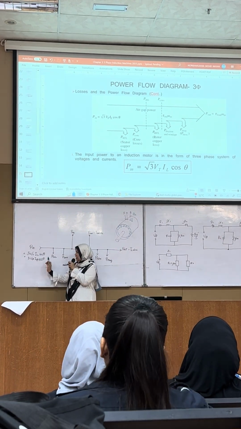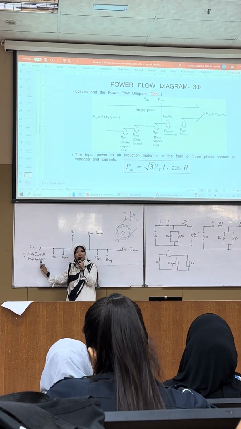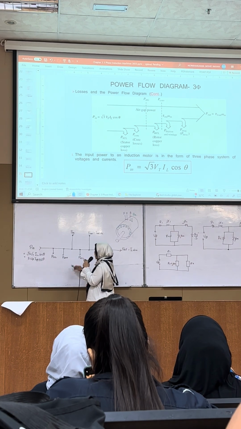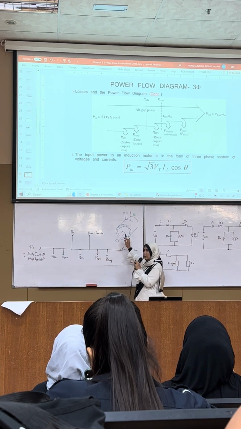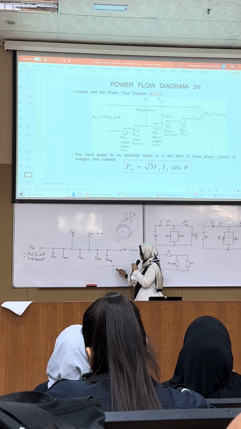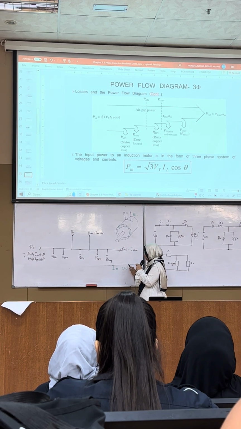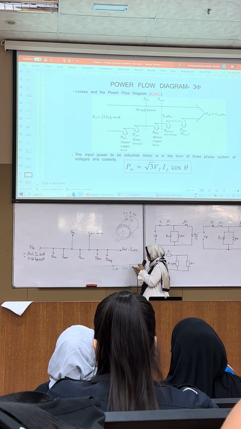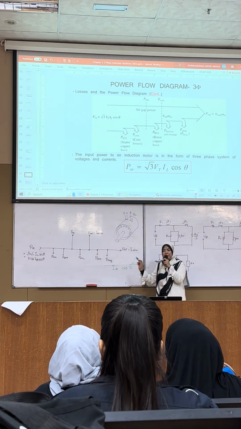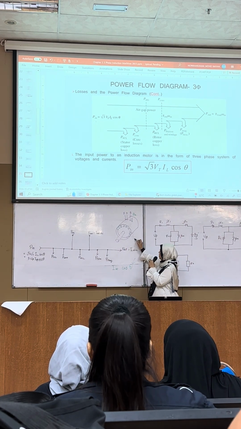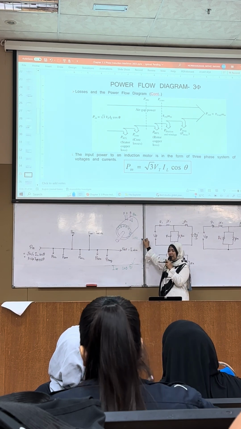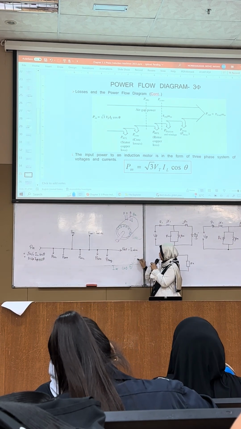There will always be an angle, because for a motor current I M, there will always be a cos theta. It must have an angle, because you are dealing with inductance. So it is a matter of positive or negative.